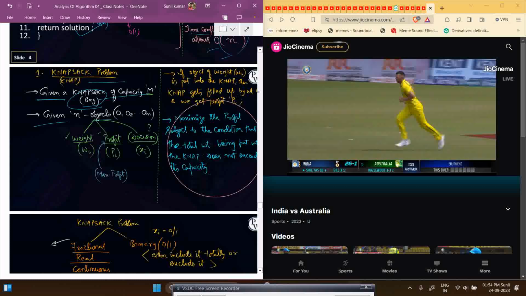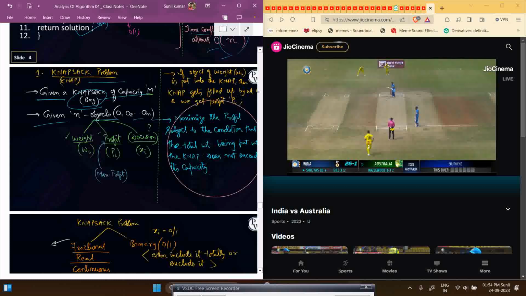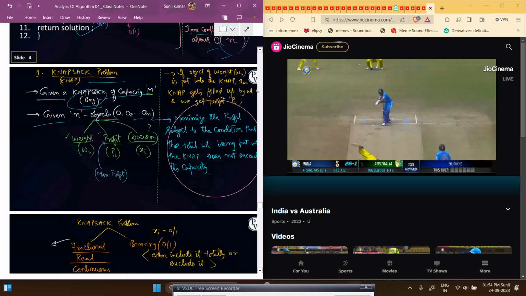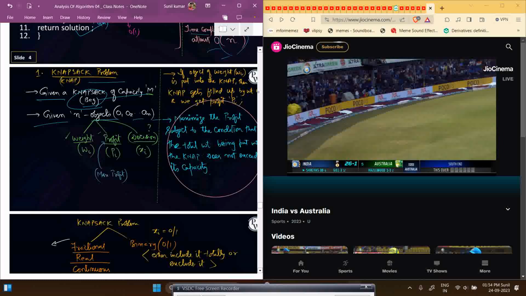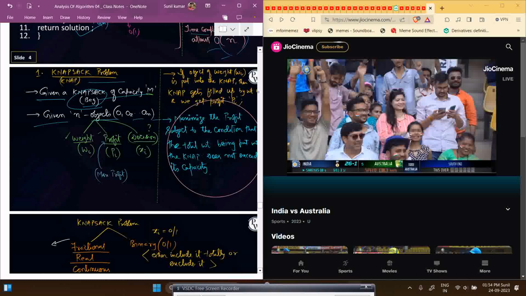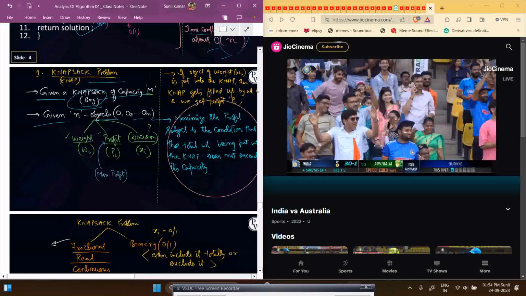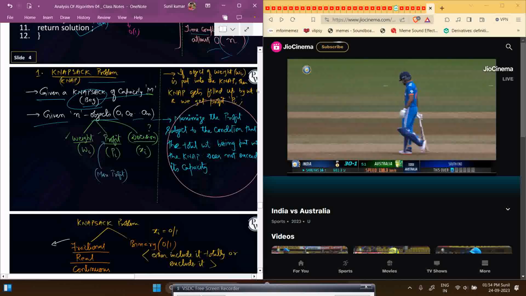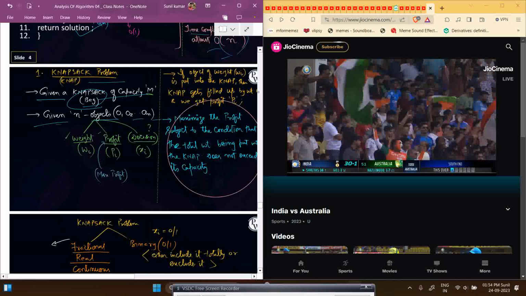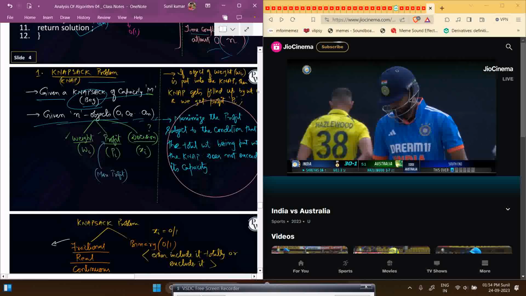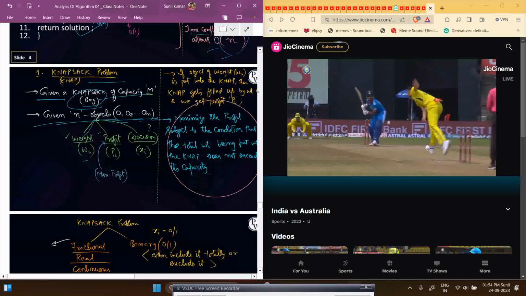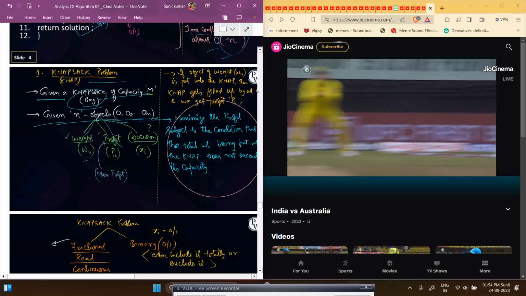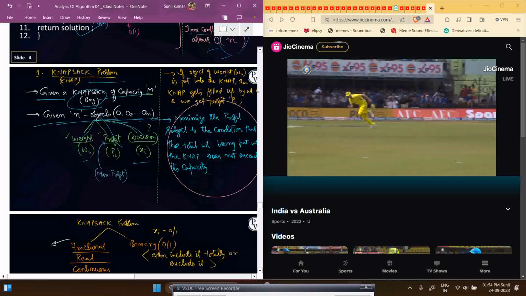Given n objects O1, O2, up to On, these are objects which have weights Wi and profit Pi. The decision we would take is Xi.